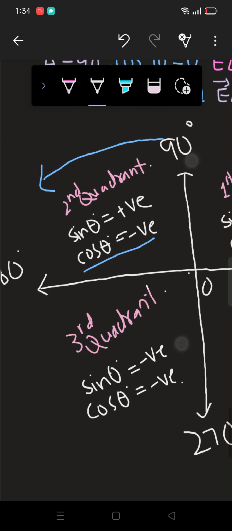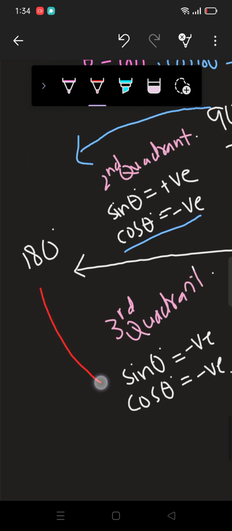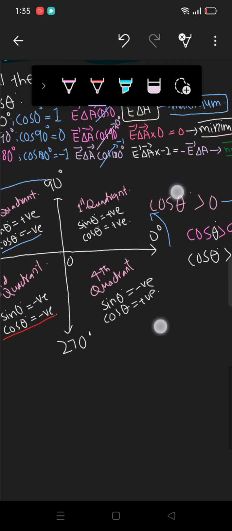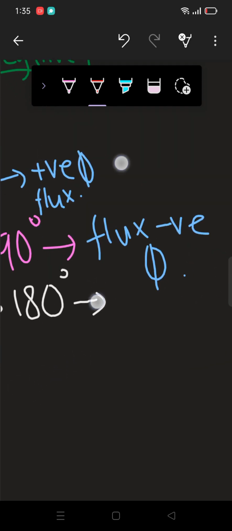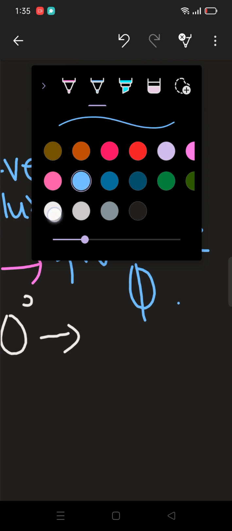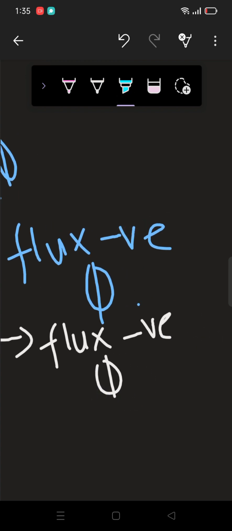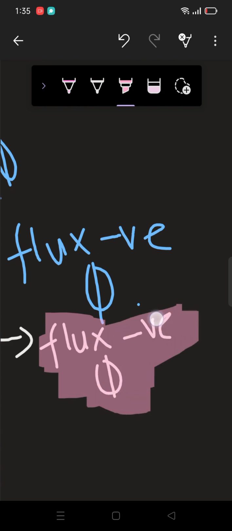Now see, you will start moving from here since it is greater than 180, alright, and we know that in the third quadrant cos is negative, so of course your flux will be negative as well in the third quadrant. So your flux will be negative if you have an angle between the electric field intensity and the small element of vector area greater than 180.